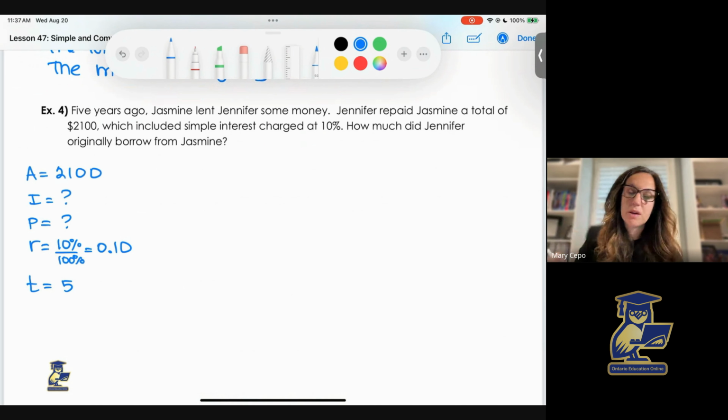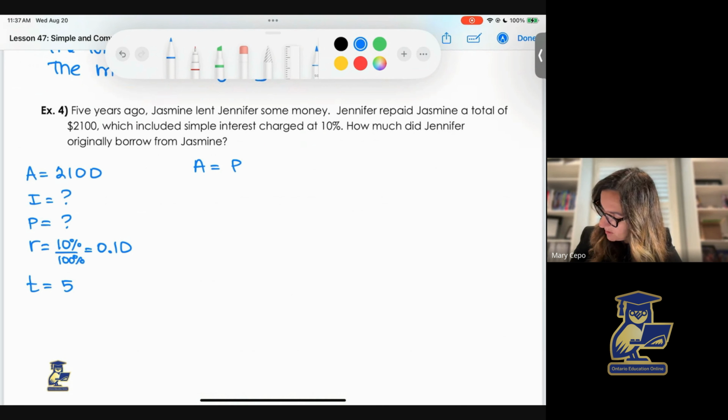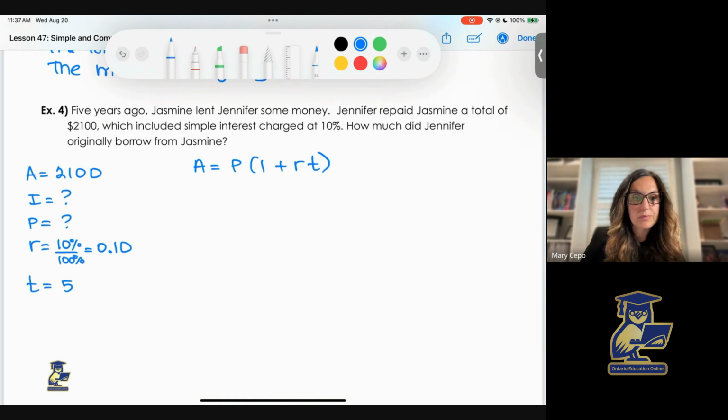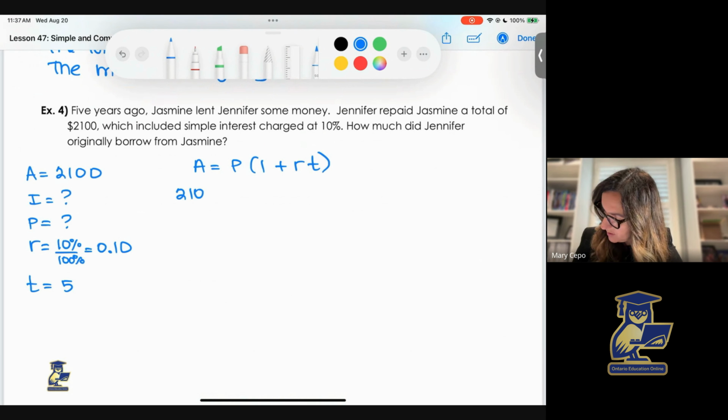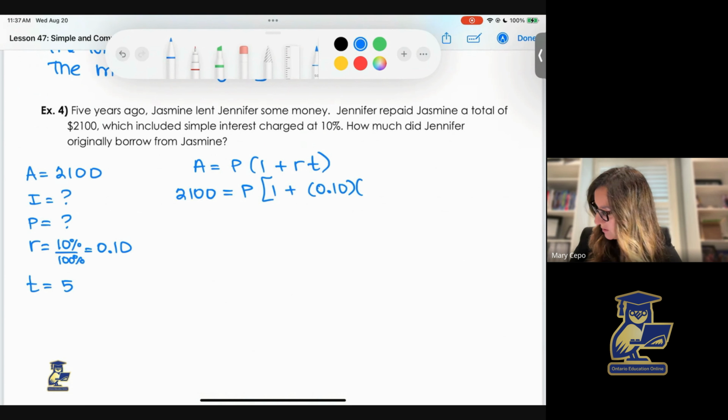Okay, so with that in mind, we would want to use the formula A is equal to P times 1 plus RT. Okay, so we know what the final amount is. It's 2,100. We don't know what the principal is. 1 plus the rate, which is 0.10, times T, which is 5.